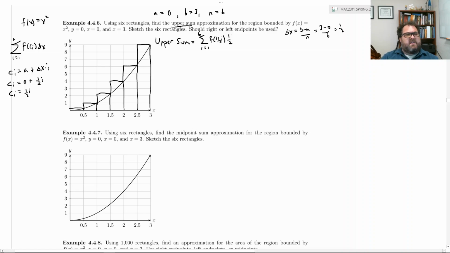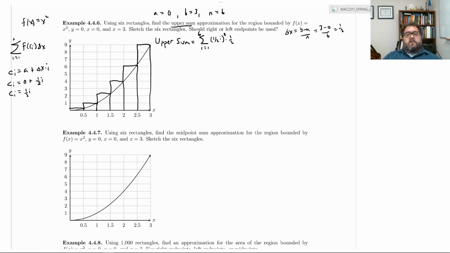To save myself a little room, like I did last time, let me erase this. What is f of c sub i? That means take c sub i, 1/2 i, and plug it into the function x squared. So it's 1/2 times i, squared, that's f of c sub i, times 1/2.